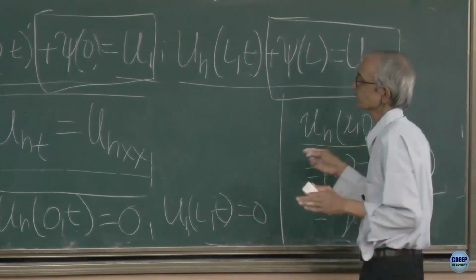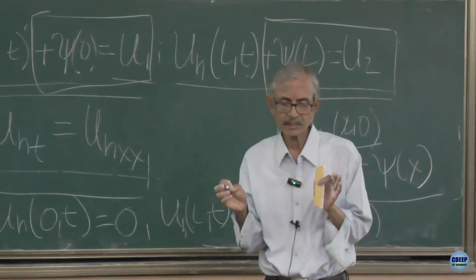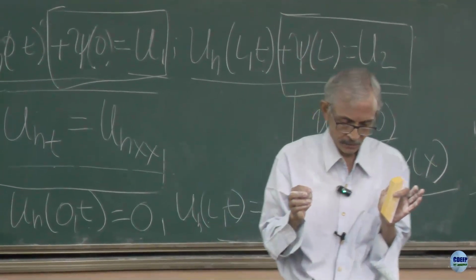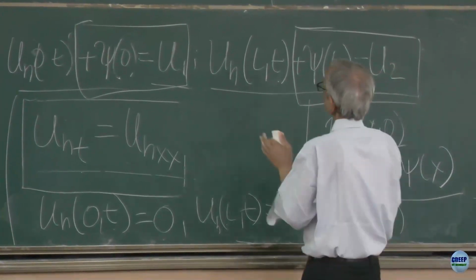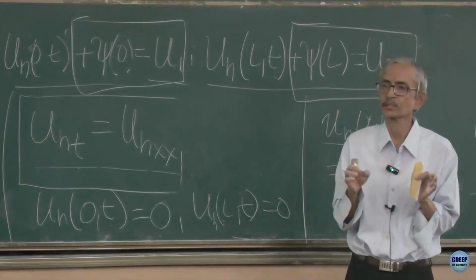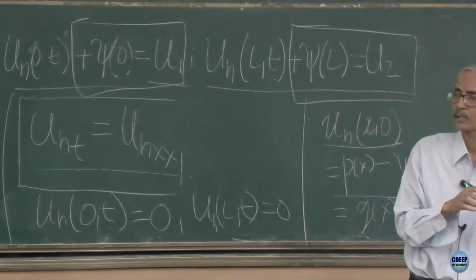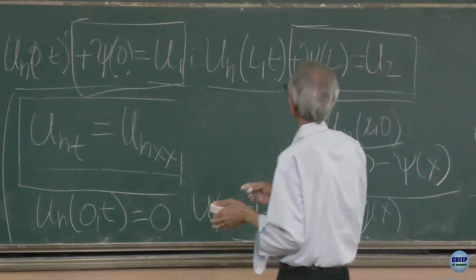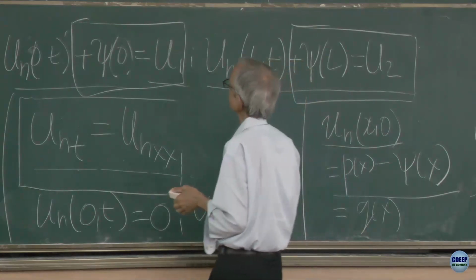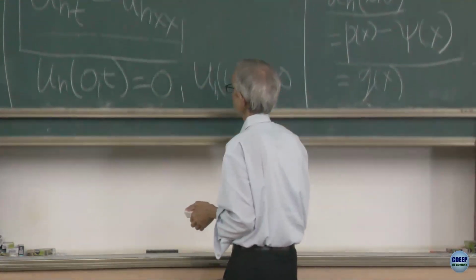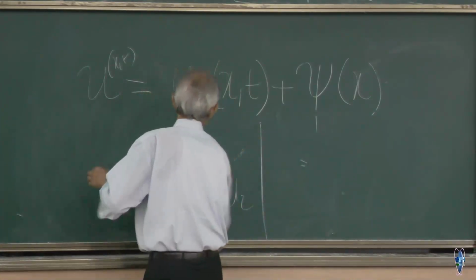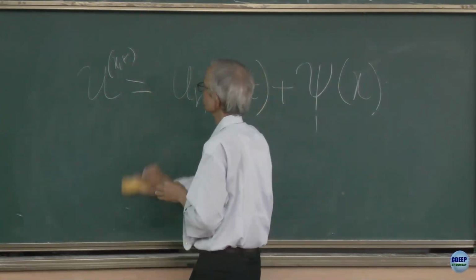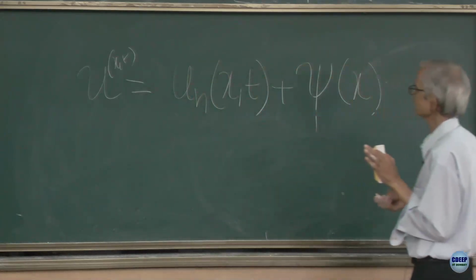Basically, what have we done? There was a non-homogeneity in the system, and what we have done is to say that by a judicious choice of a variable, we have killed that non-homogeneity, and the system got converted. So just to summarize now, we had a non-homogeneity in the system.